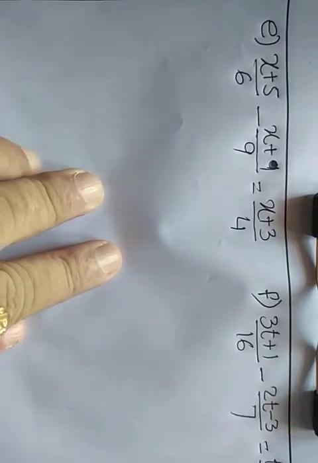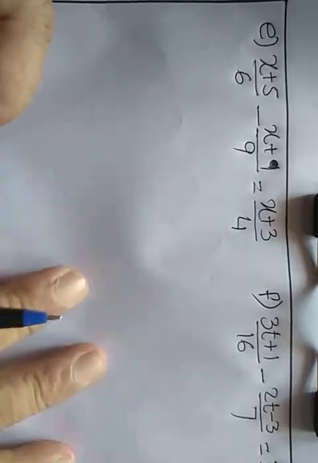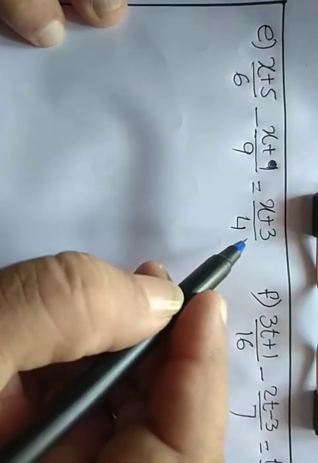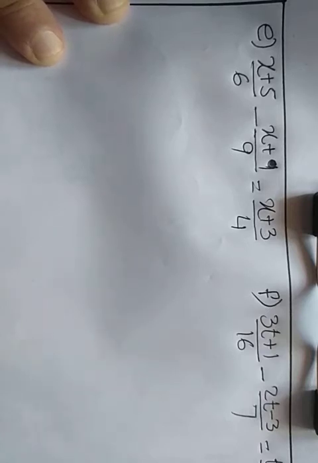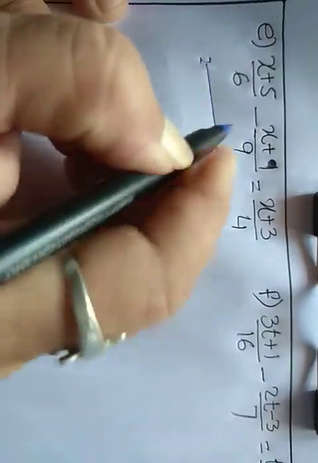(x+5)/6 minus (x+1)/9 is equal to (x+3)/4. What is given? (x+5)/6 minus (x+1)/9 is equal to (x+3)/4. So here let us take LCM and add.